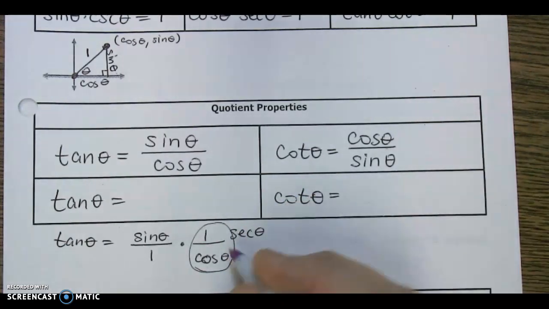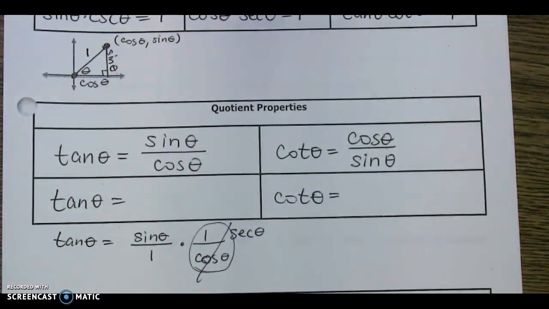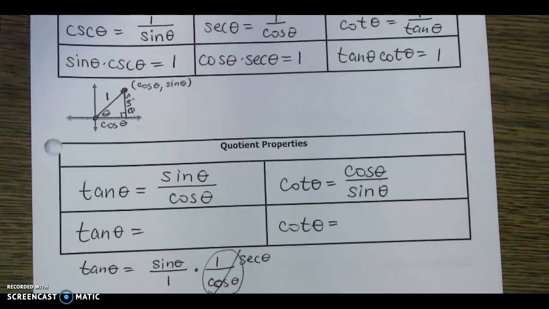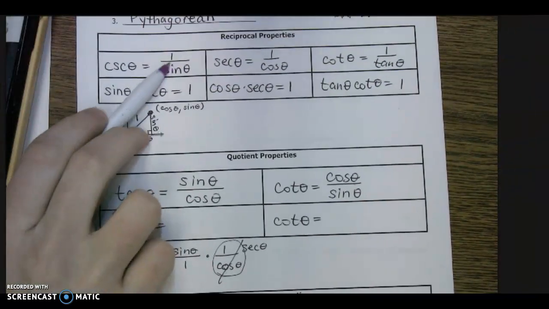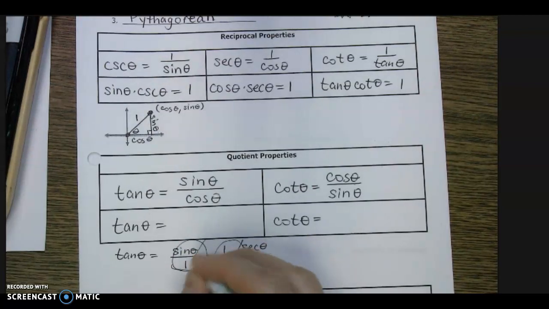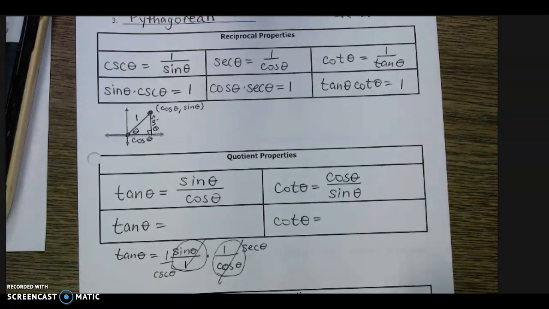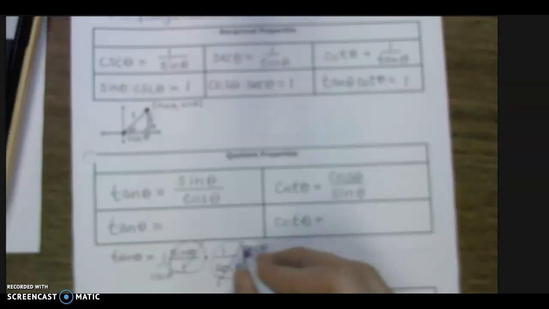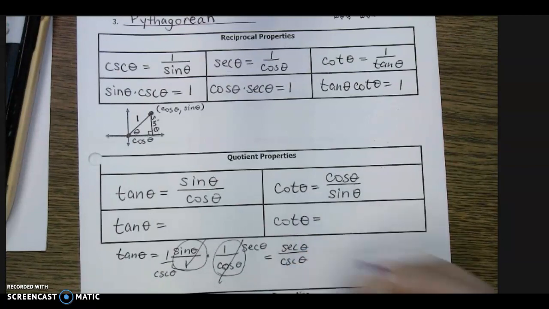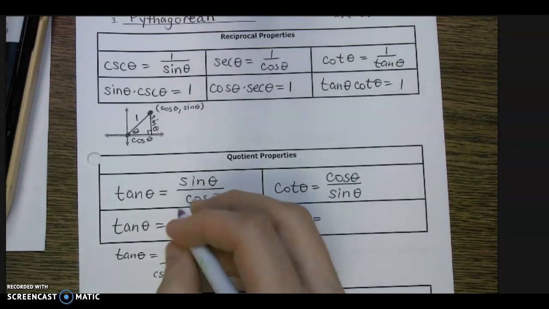This is equivalent to secant, so that's going to change into secant. When I see sine over 1, that is the same thing as cosecant, but upside down. So this changes to 1 over cosecant. And when you put those together, you would get secant on top over cosecant on bottom. So that's another version of tangent.